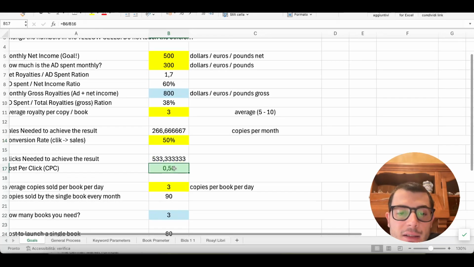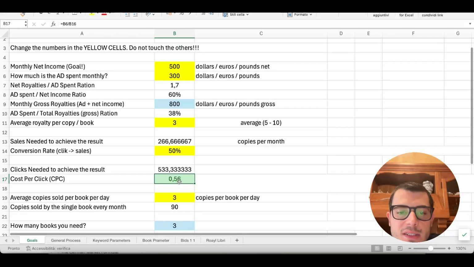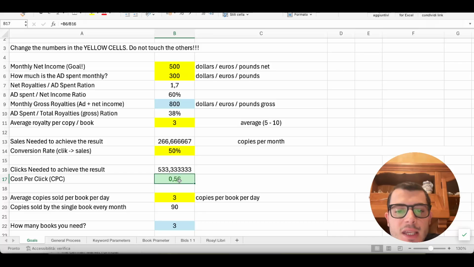Now you can pay 0.56 cents per click, and you need to know your niche at that point. Is your book actually sellable with a click of 56 cents or not?